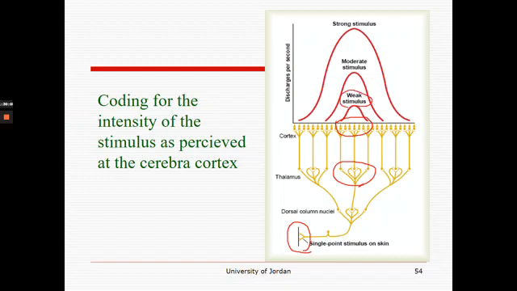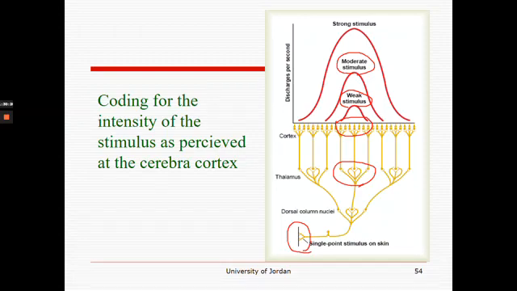If the stimulus is stronger, it is able to diverge and stimulate a larger number of cortical cells. When a larger number of cortical cells are stimulated, that person will interpret this as a higher intensity.